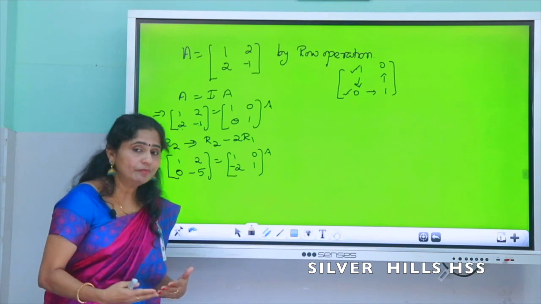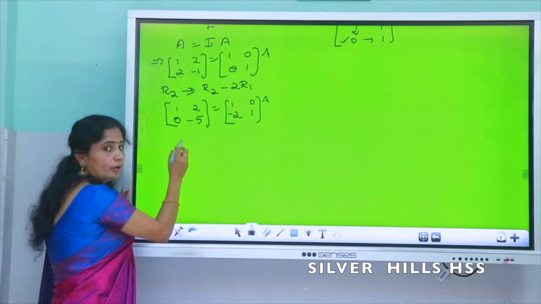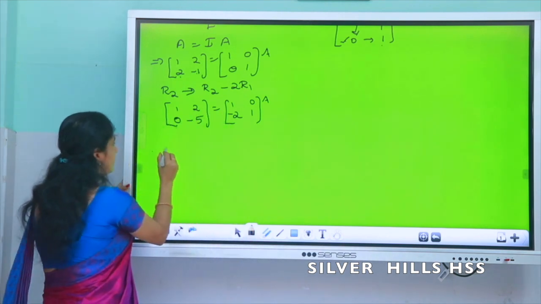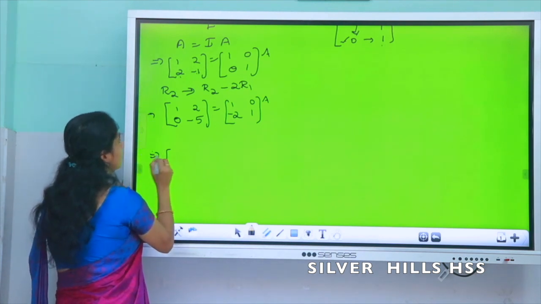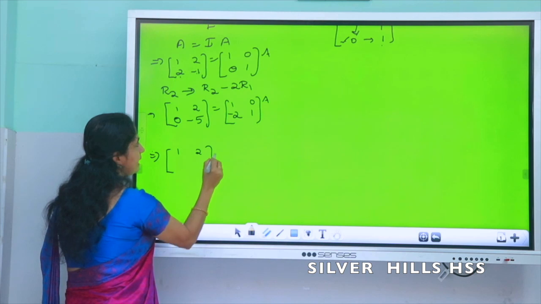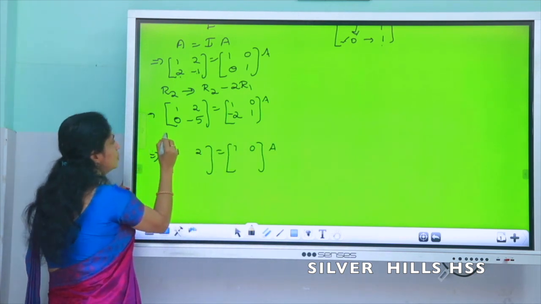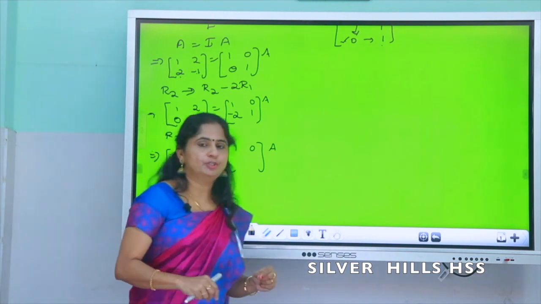So, next what are we supposed to do? We have to make this position as 1. We are going to make the transformation in R2. So, which means R1 stays as it is, and R2 is going to be transformed. So, there we have to get 1.